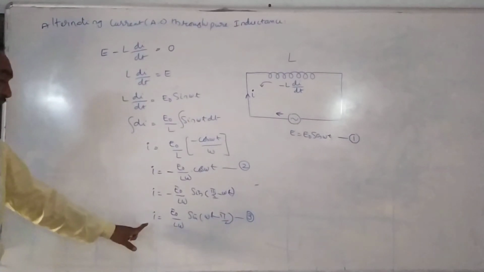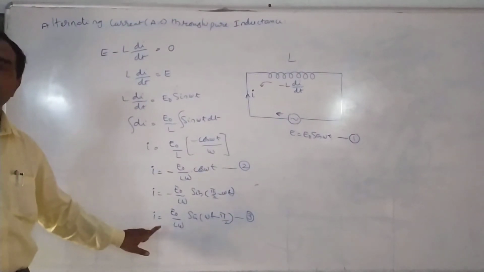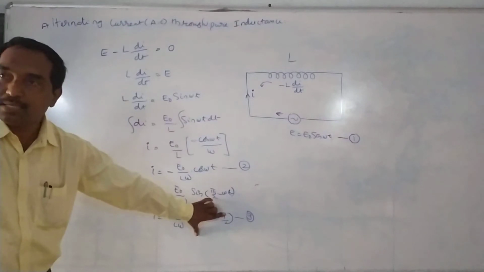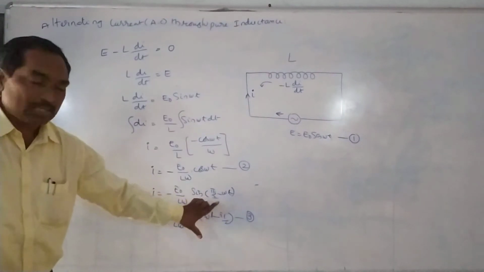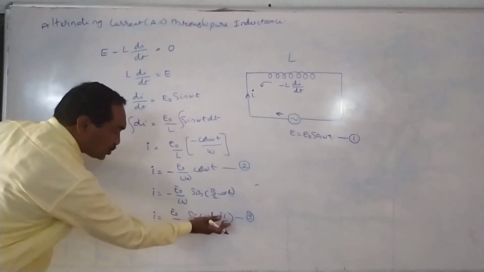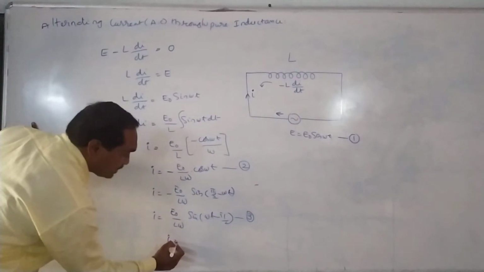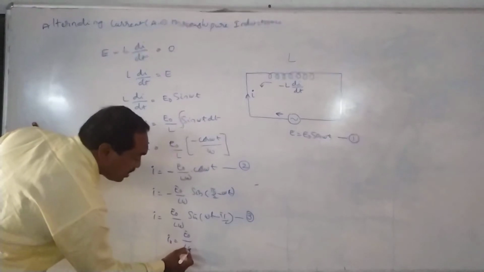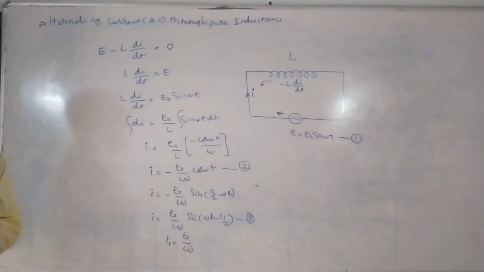Of course, where is the current maximum? We know when the sin term goes to 1, that is the maximum value, then the current I is the maximum. So in this case, if this term goes to 1, I naught is equal to E naught by L omega.